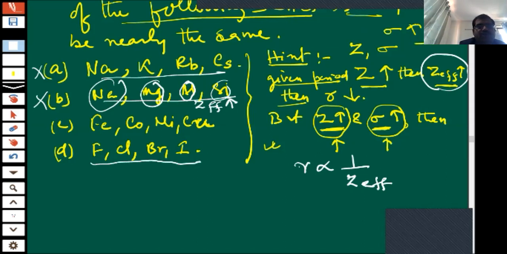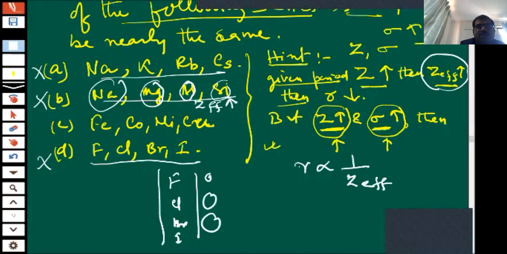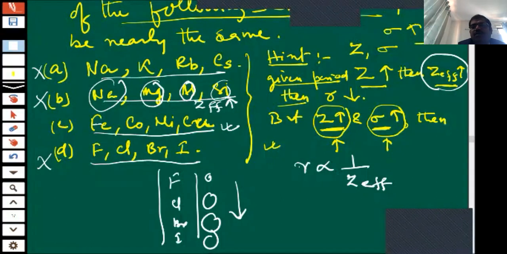Again, fluorine, chlorine, bromine, and iodine are from different periods, so atomic size increases. What is left is iron, cobalt, nickel, copper. These are from the same period, and the condition I mentioned works here.